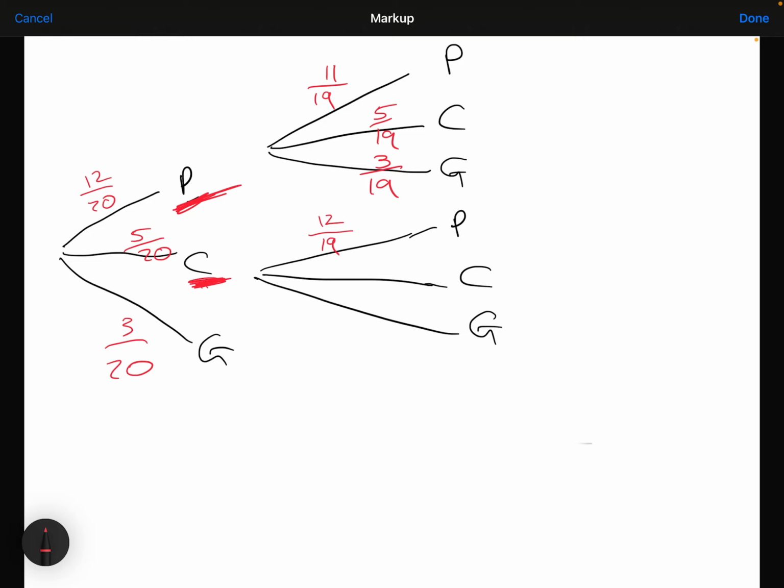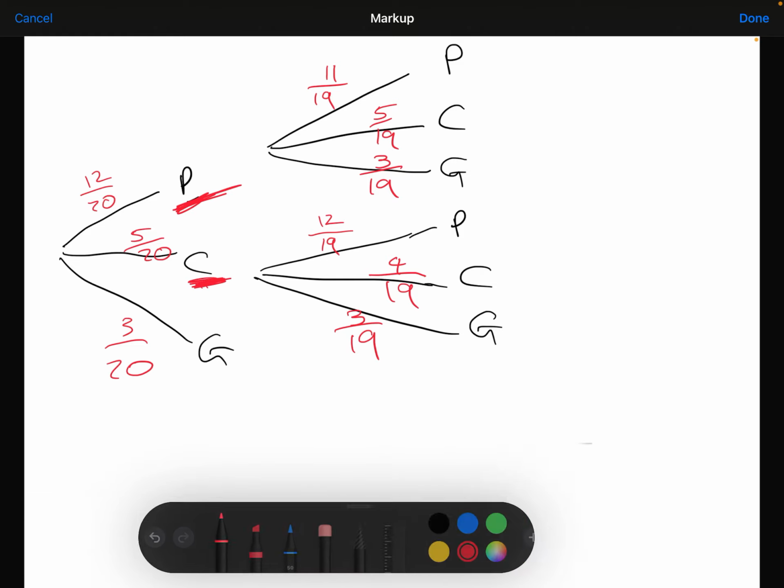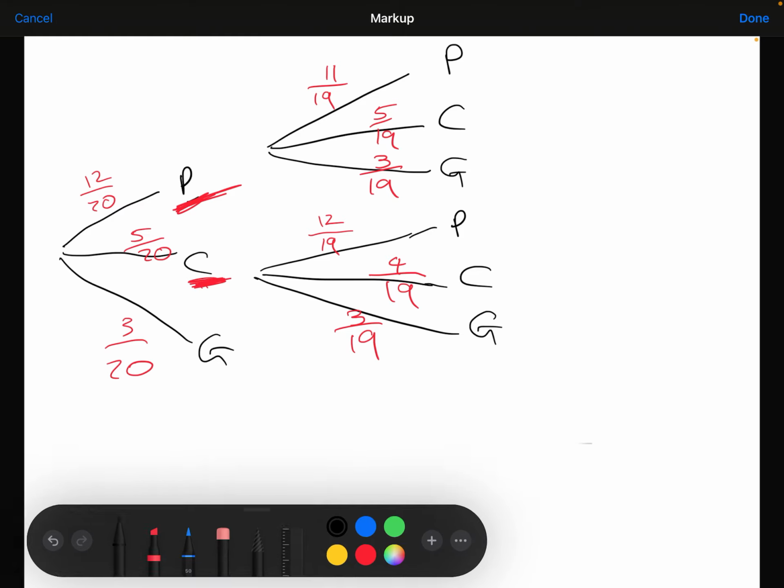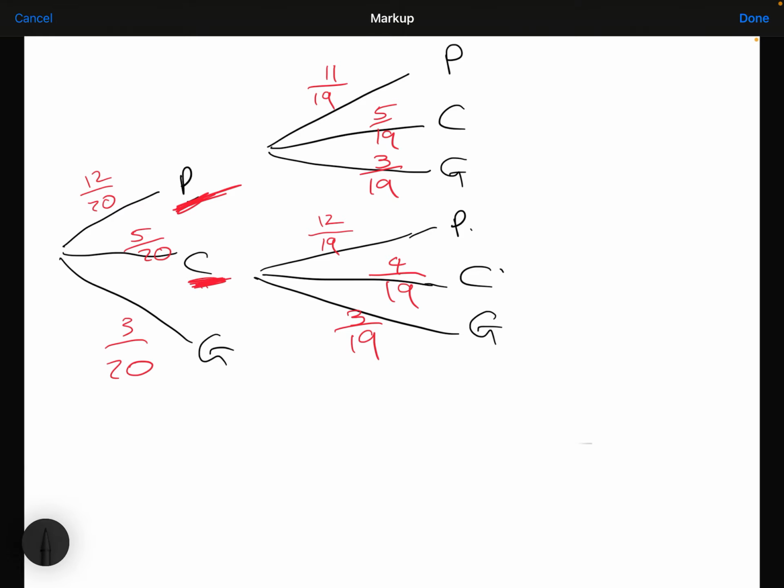The probability of the second biscuit being chocolate would be 4 out of 19, because there were 5 chocolate biscuits, but I took one of them out. And ginger would be 3 out of 19, because there were 3 ginger biscuits to begin with. I took a chocolate one out, so there's still going to be 3 ginger biscuits left. So those are the probabilities of the second biscuit being plain, chocolate, ginger, if I took a chocolate out the first time.